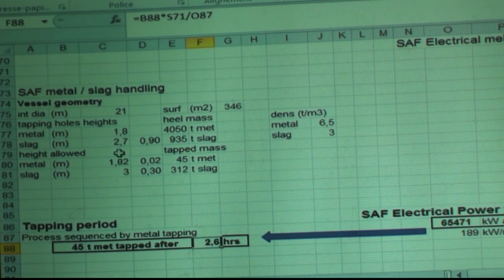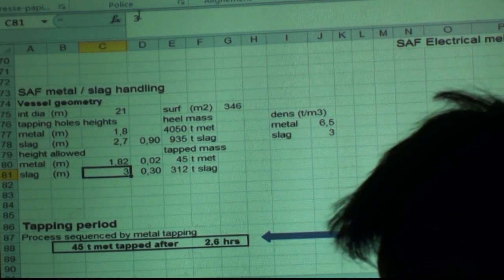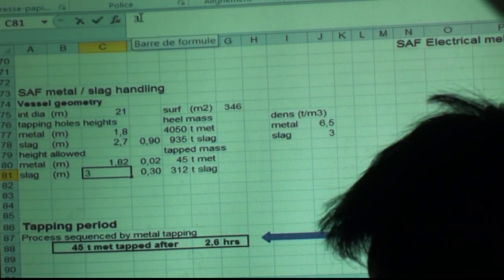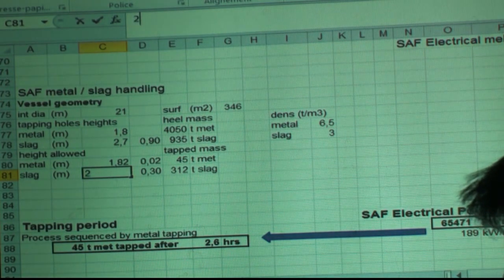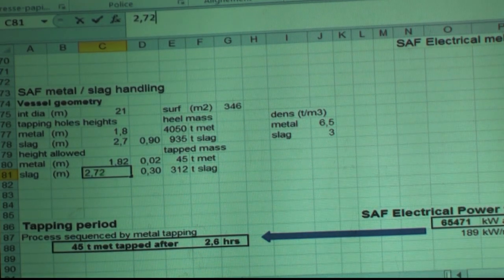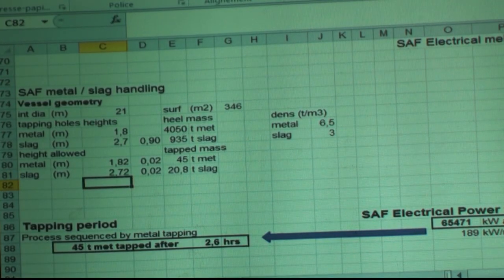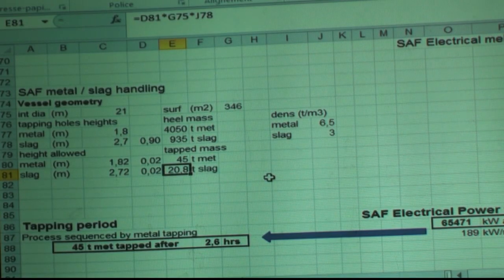So you see the height is not 3, but okay, I don't know, but actually this is not so important. You understand the principle.